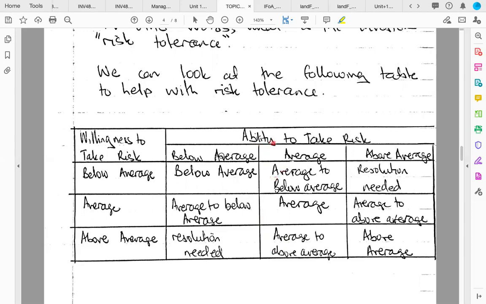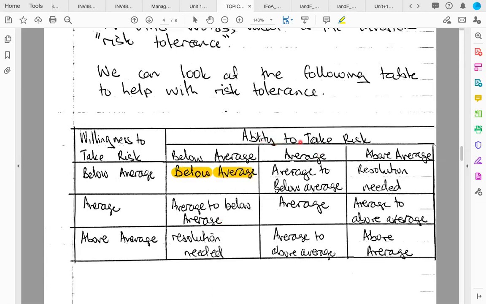So remember, the ability of an investor to take on risk can be classified as below average, average, or above average. And an investor's willingness to take on risk can be classified as below average, average, and above average. If the ability to take risk is below average and the willingness to take on risk is also below average, it means the risk tolerance of the investor is below average.